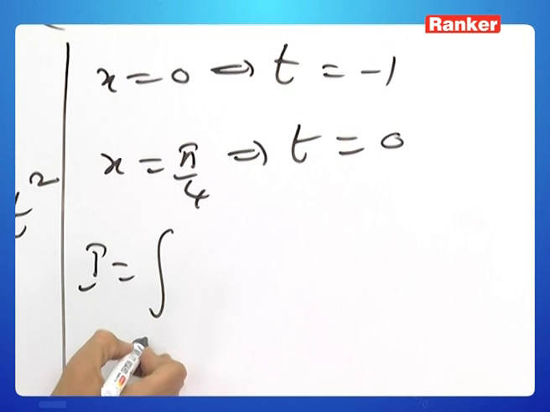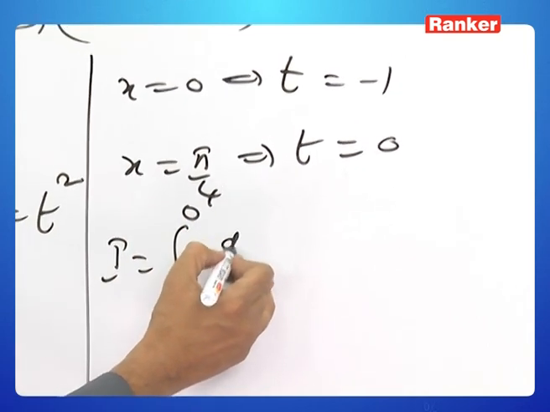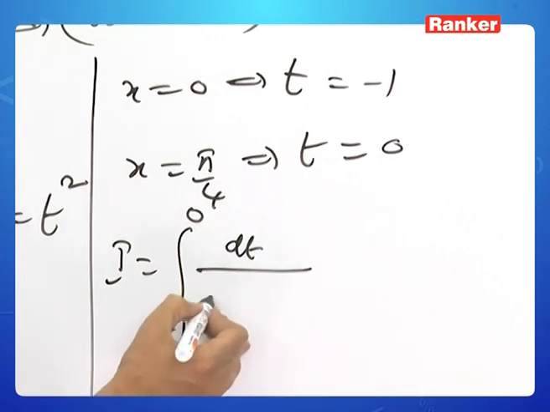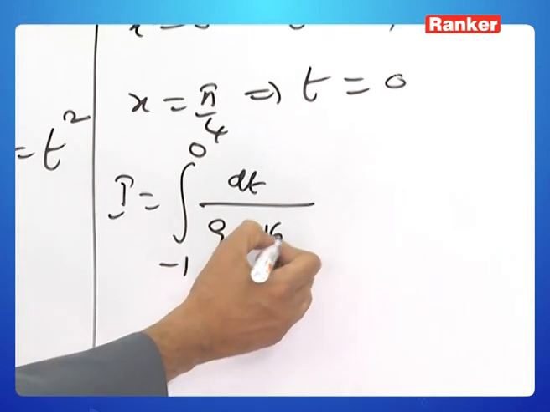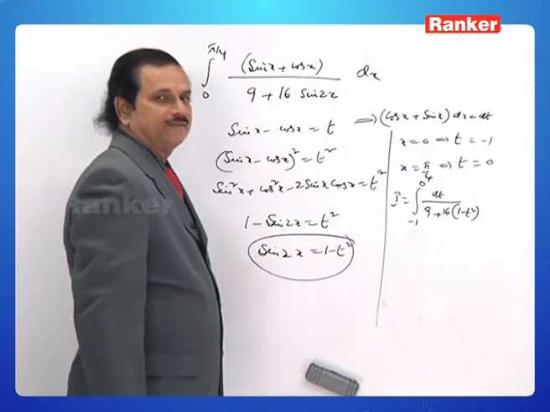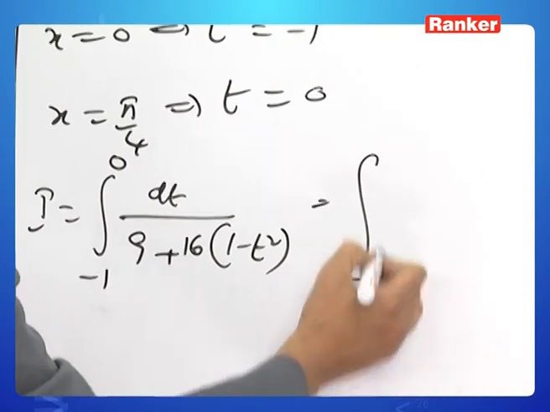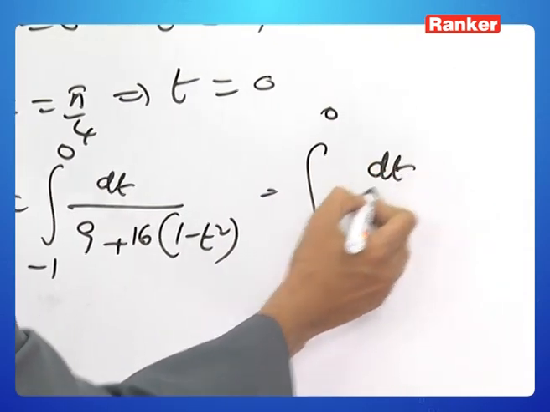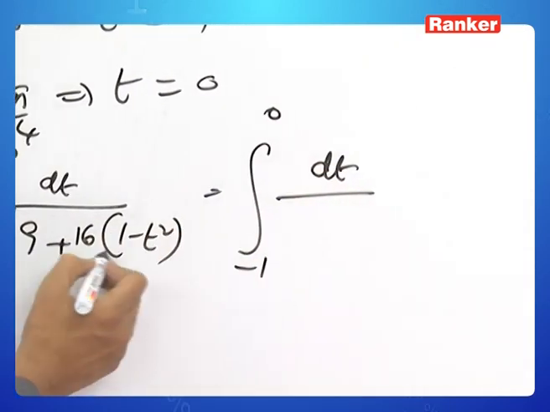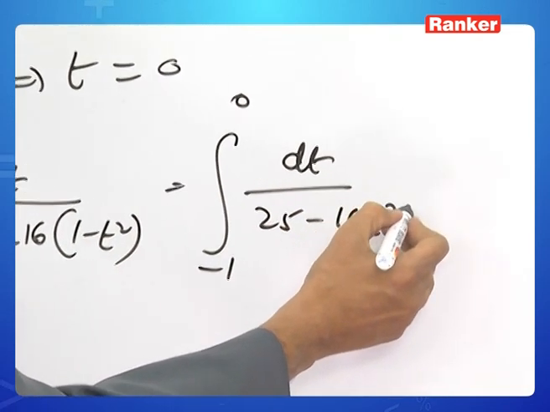I is equal to integral minus 1 to 0, sin x plus cos x dx is dt, by 9 plus 16 into 1 minus t square. That is 25 minus 16 t square, isn't it? Integral minus 1 to 0 dt by 25 minus 16 t square.